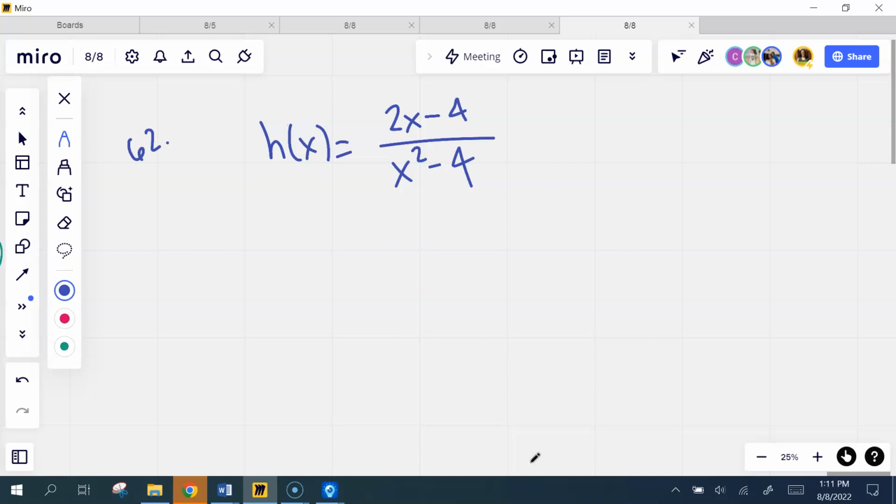Find all horizontal and vertical asymptotes. What shall I do first? It's bottom heavy. Bottom heavy tells me about my horizontal asymptotes. If it's bottom heavy, what does that tell me? Y equals 0. Vertical asymptotes. We're going to have to work it out.